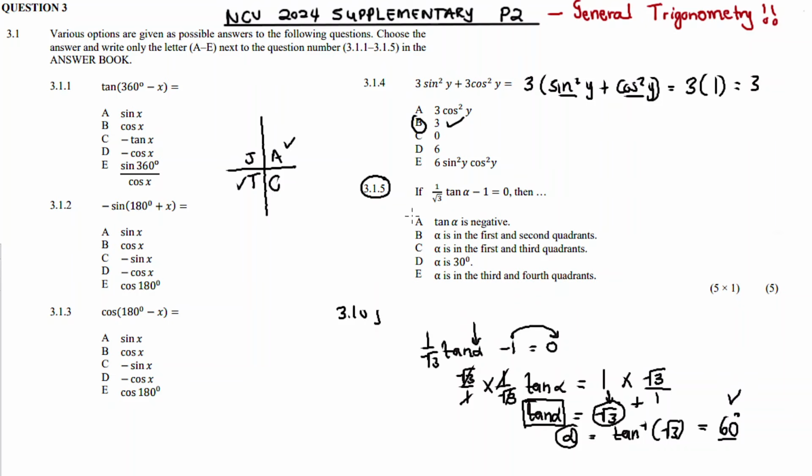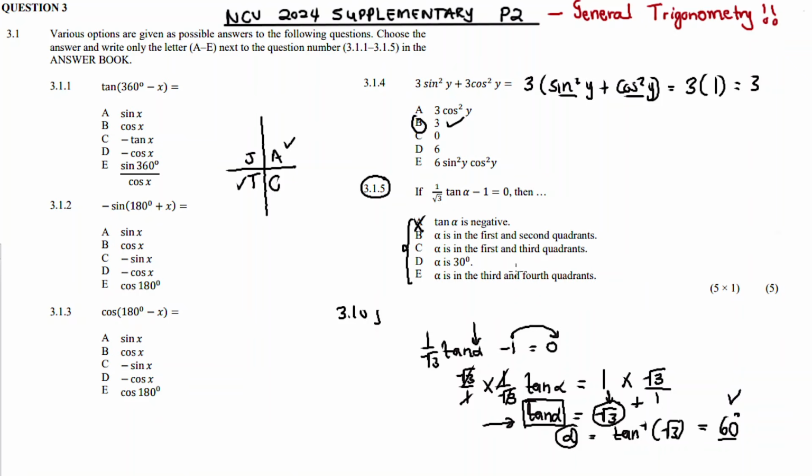Now looking at the options given, for A, we are told that tan alpha is negative. This is not true. We simplified and we saw that tan is actually not negative, it's positive. Let's check out B. B tells us that alpha is in the first quadrant and the second quadrant.